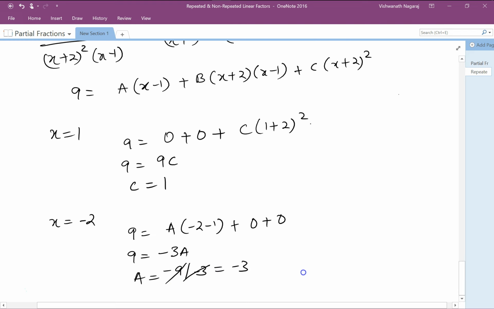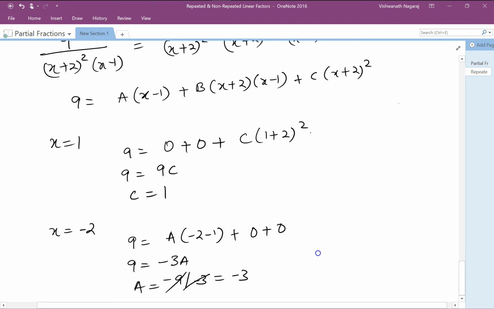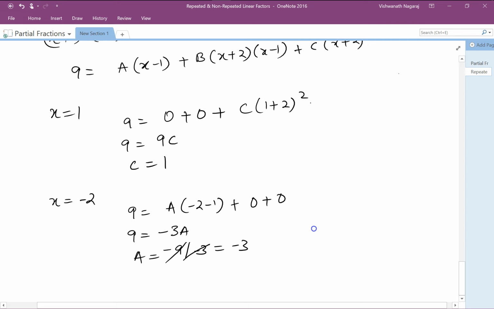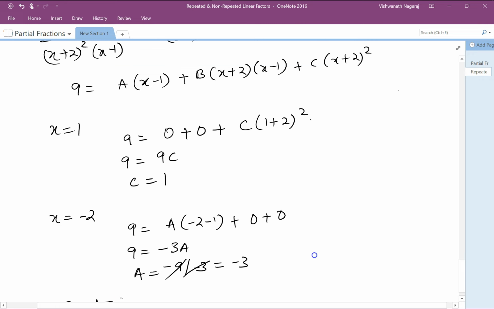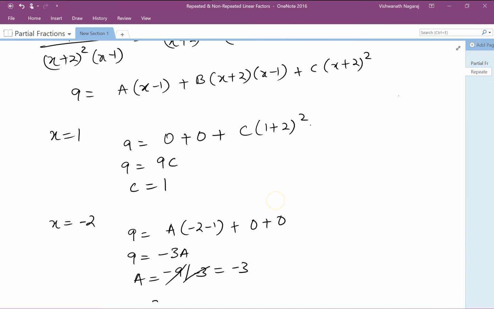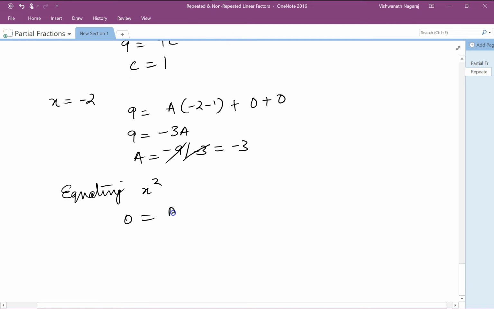Now for the third one, we equate the appropriate coefficient. Let's equate x square: b plus c. So we already have c. So b is equal to 0 minus c, which is minus c. So which means minus 1.